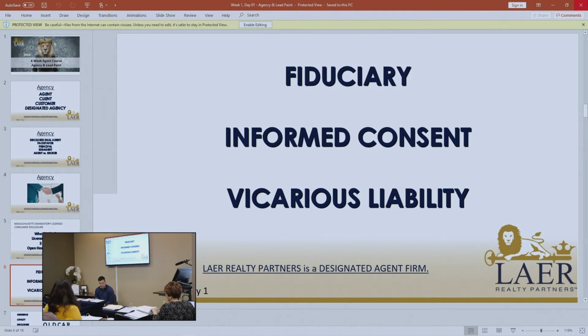And the next one is informed consent. So informed consent is essentially written consent. They're fully aware, fully informed of what they're doing, and that's why we have all these forms that lay out relationships, what's going on with the deal, and you have your clients sign, as well as other sides sign sometimes, so that all parties are on the same page.